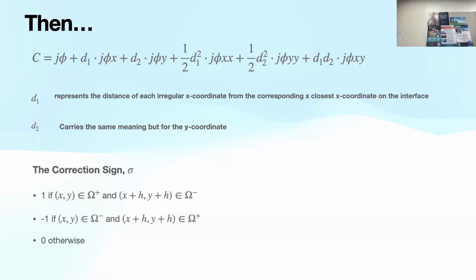So this sign is trying to assist us to move something that we don't want from the 5-point stencil in a 2D sense, and it introduces something that we want in the sense of U plus or U minus or phi plus, phi minus.